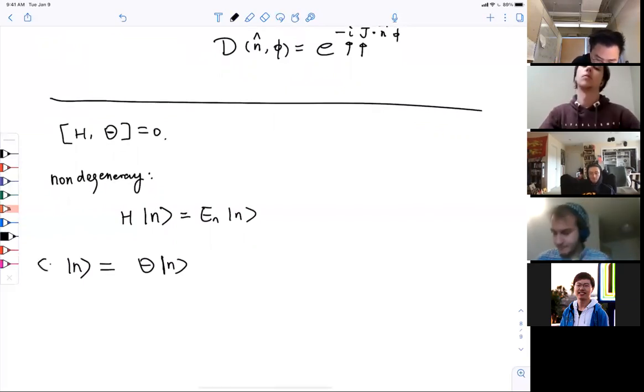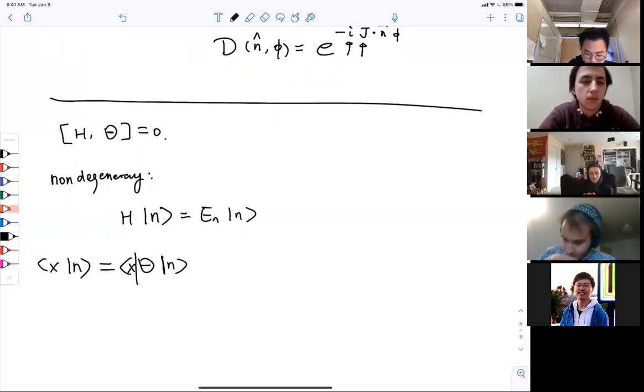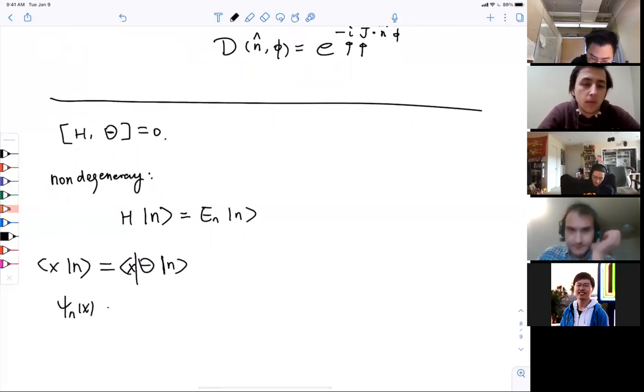And if you write this in the x representation, this is psi(x). According to the definition, this is this.